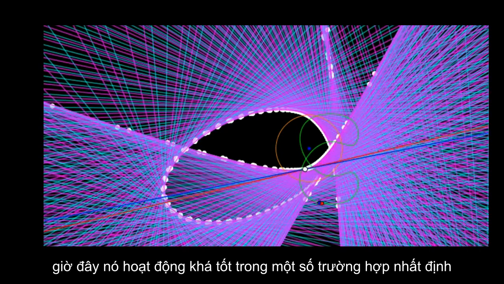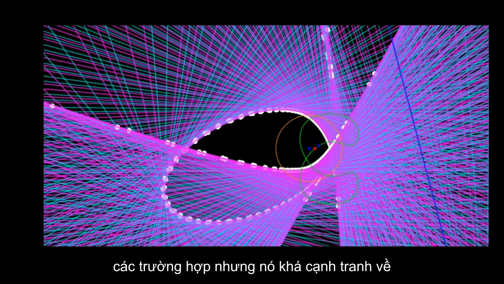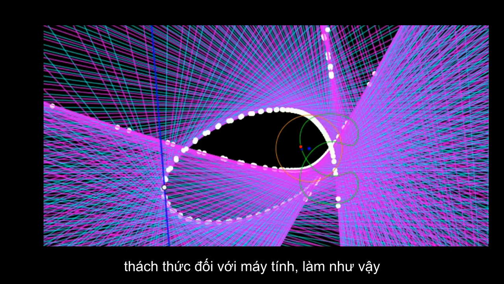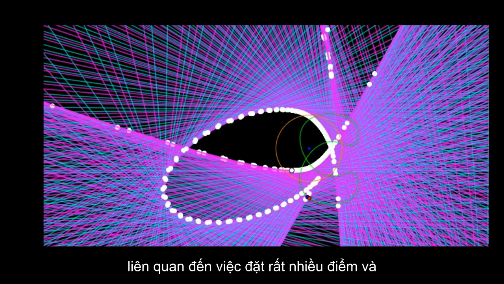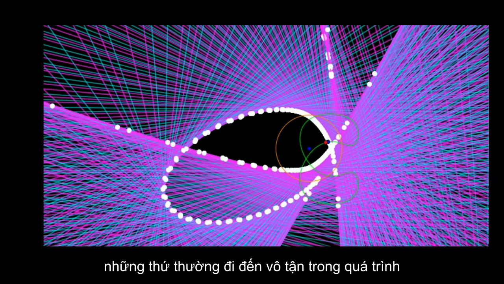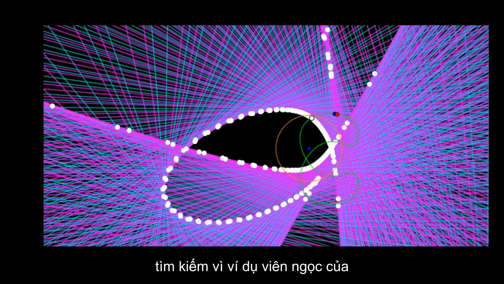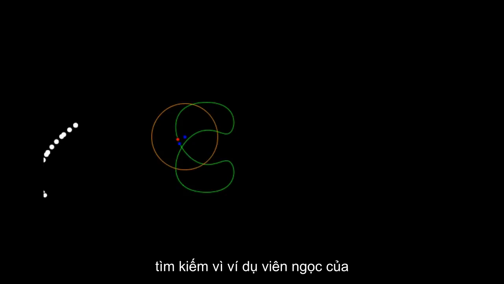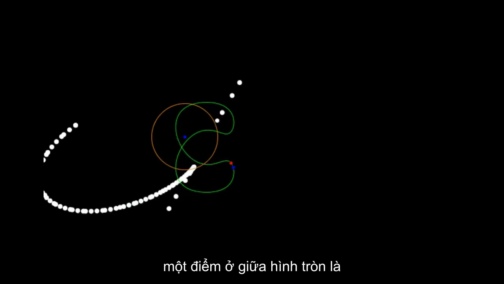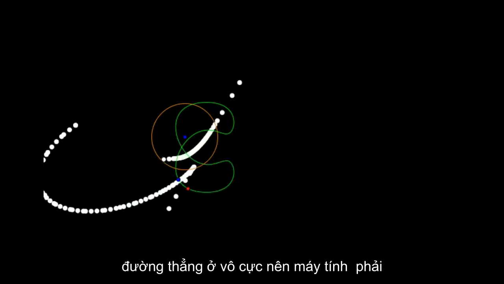Now, this works quite well in certain cases, but it's quite computationally challenging for the computer to do, because it involves laying down a lot of points, and the thing's often going to infinity and such, because, for example, the dual of a point in the middle of a circle is the line at infinity.